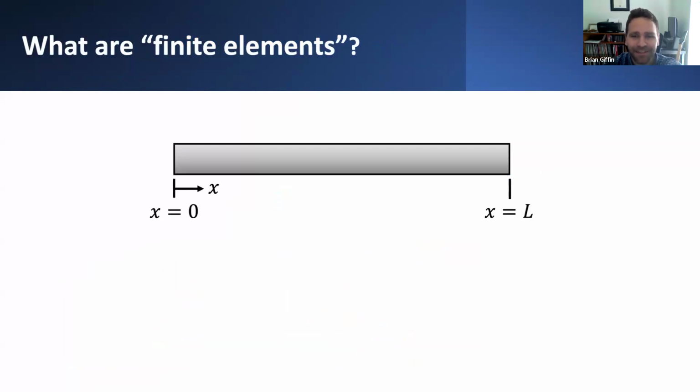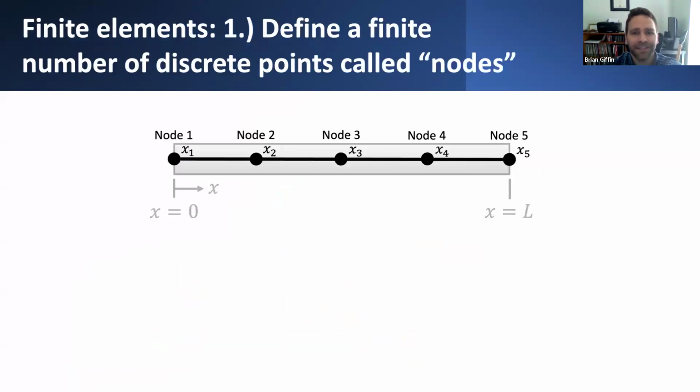A finite element method really comprises both a discretization procedure as well as the solution procedure for some of these structural analysis problems. So suppose, just for the sake of example and defining some of these terms relevant to finite elements, I had some domain of interest ranging from x equals 0 to x equals L. A finite element method proceeds by essentially discretizing this domain into a collection of elements, which themselves are terminated by so-called nodes.